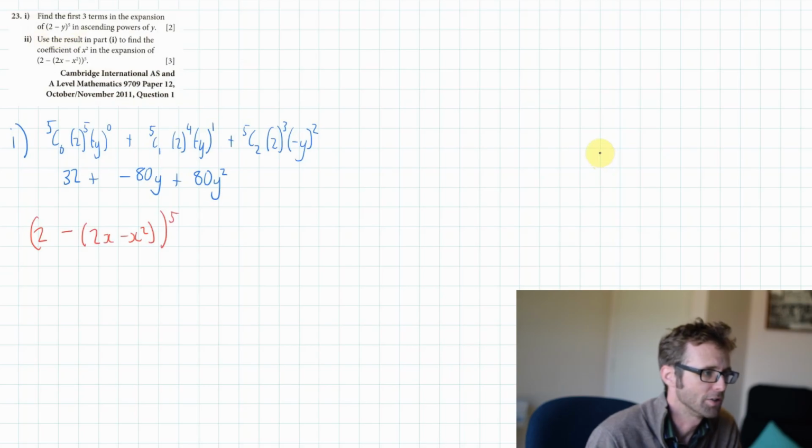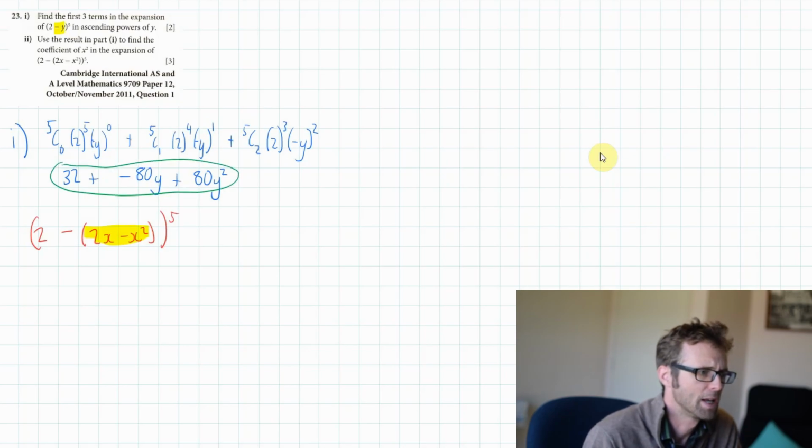Now, I hope you notice that this bit here has replaced the y in your first expansion. So all you need to do now is replace the y with that highlighted bit. Okay, so let's do that.